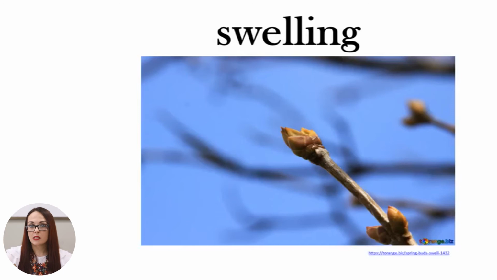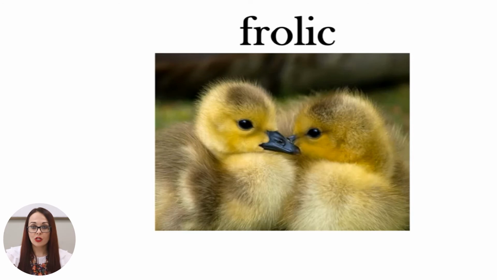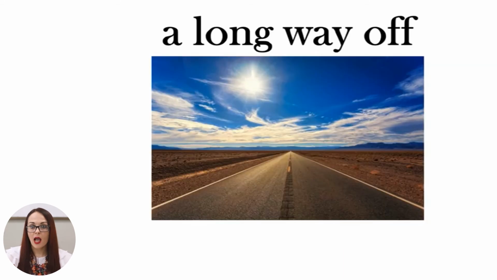Spring swellings promise a beautiful spring. Frolic as a verb. It means to frolic. Most baby animals that frolic bring smiles to our faces. A long way off, a long distance. There is a long way off to the USA from the Republic of Moldova.